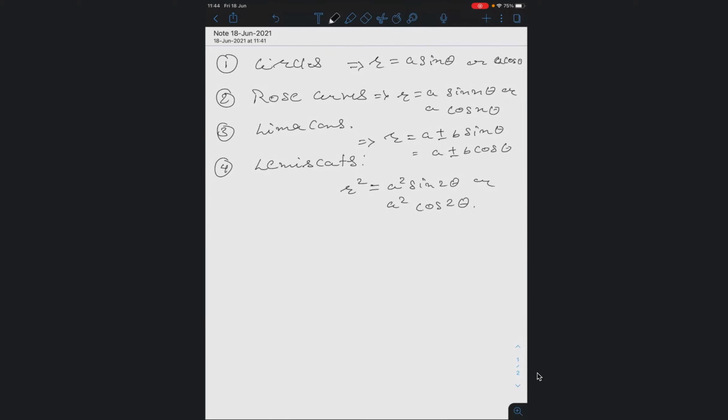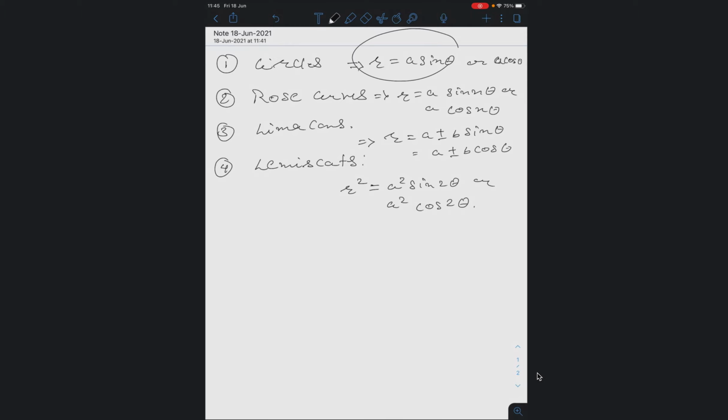For circles, all these equations I have written in terms of sine or cos. So a circle can be in terms of cos as well as sine. This is the circle equation in polar coordinates. In Cartesian coordinates you already know, if I write x² + y² = a², you can tell me the center is (0, 0) and the radius is a.